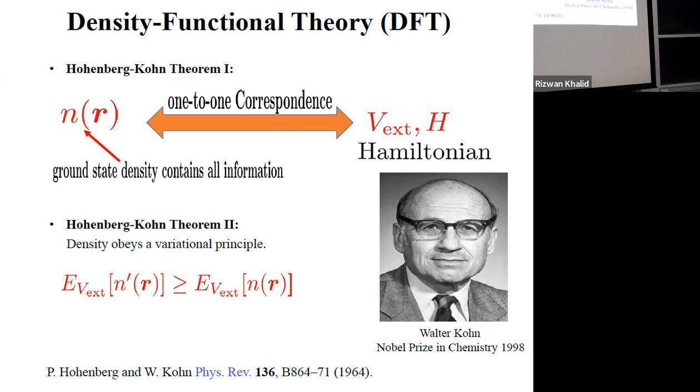It means density determines all the observables uniquely. So that's why mathematically we could call that all observables and Hamiltonian are functionals of density. They could be uniquely determined if we know the density. That's the claim, right?